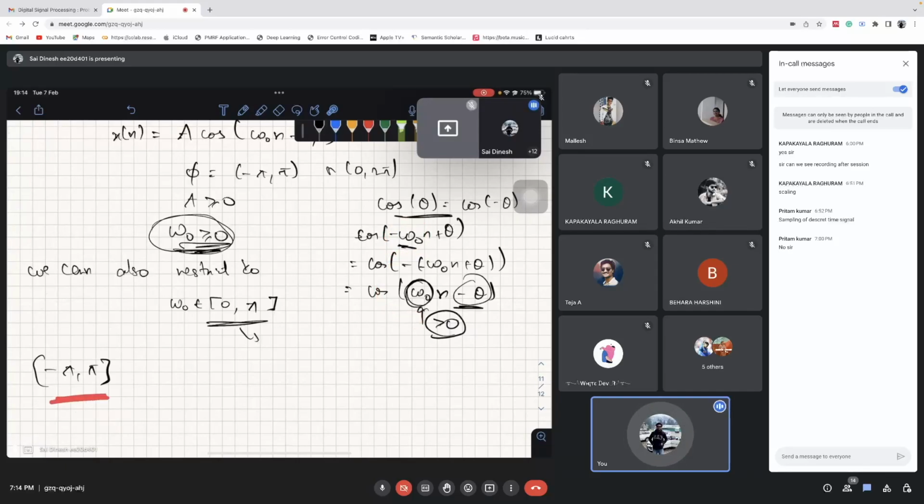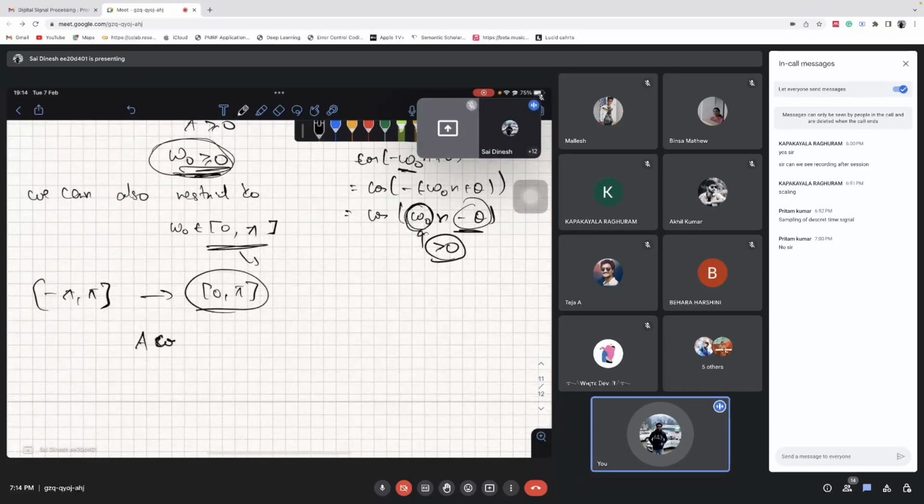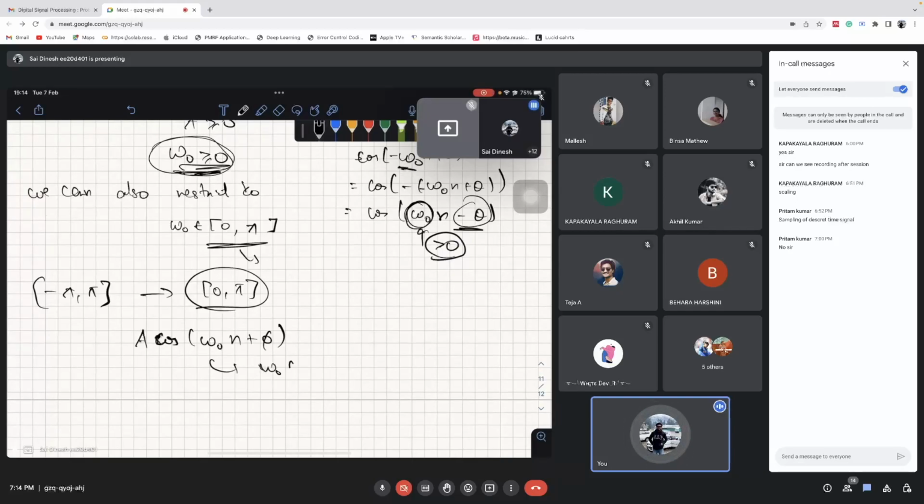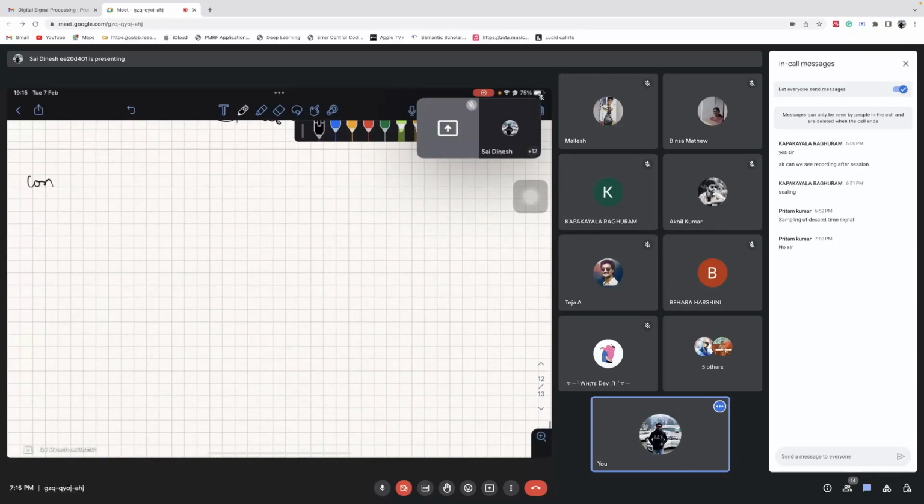So this minus pi to pi can be brought to 0 to pi. So that is why in the case of real sinusoid, real cosine omega naught n plus phi, omega naught belonging to 0 to pi is sufficient.